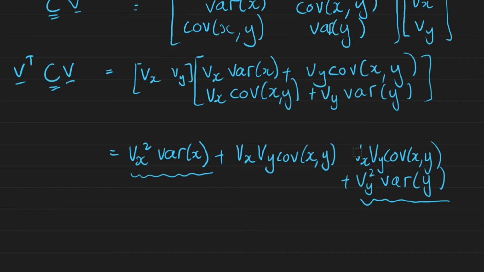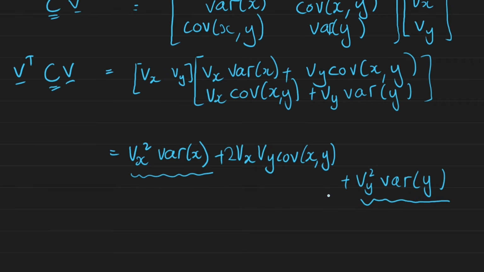So we can remove this term and just add it together, and we can write a 2 here in the front. So it's saying that we have a component from the x variance and the y variance, and then we have 2 times Vx, Vy times the covariance.